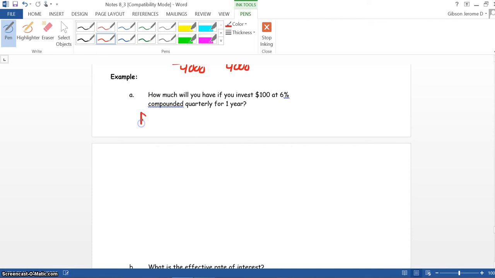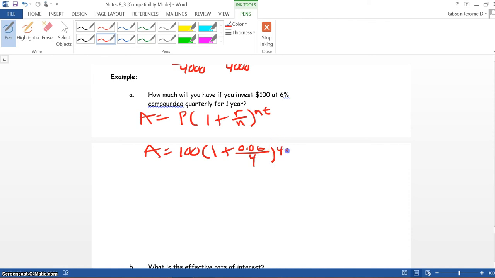We would have the formula A is equal to P times 1 plus R over N to the NT power. So we have A is equal to, P would be 100. We have 1 plus, our rate is 0.06, and then it's compounded quarterly, so that would be 4. And then the exponent is N times T, which is 4 times 1.